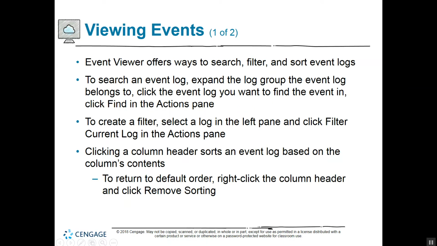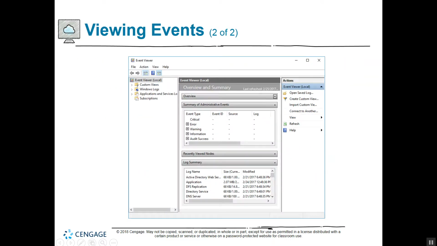Now, Event Viewer offers ways to search, filter, and sort event logs. We create a filter, select a log in the left pane, click Filter Current Log in the Actions pane. Now, clicking a column header sorts an event log based on the column's contents. So here we are.